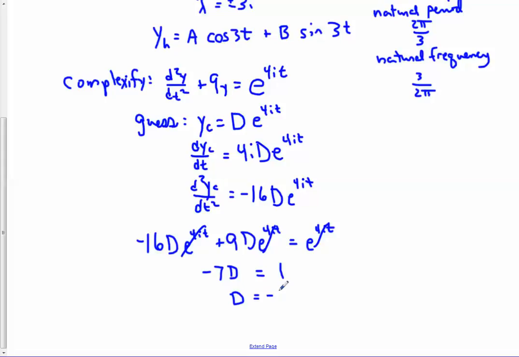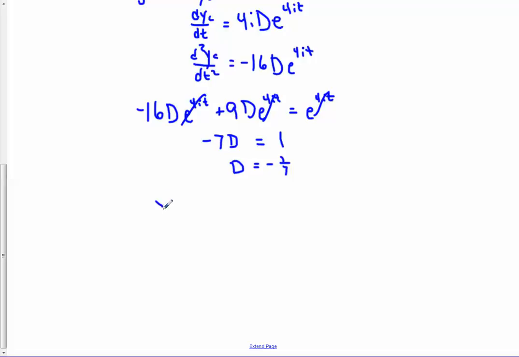We get d equals negative 1/7, and we don't even have to do the trick of multiplying by the conjugate to divide by a complex number. So our particular solution for the complexified version would be negative 1/7 e to the 4it.